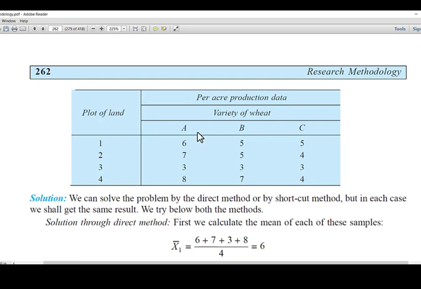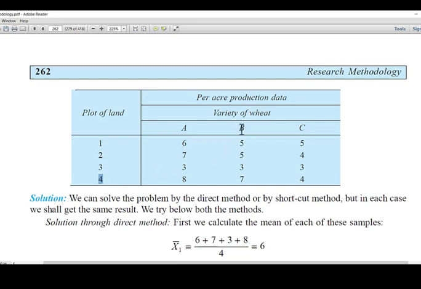There are now 3 varieties of wheat, A, B, C, and 4 plots of land. First variety A is sown in these 4 plots, and the production from plot 1 is 6 units per acre, and in plot 2 the output is 7 units per acre, and here 3 units per acre and 8 units per acre corresponding to the 4th plot.